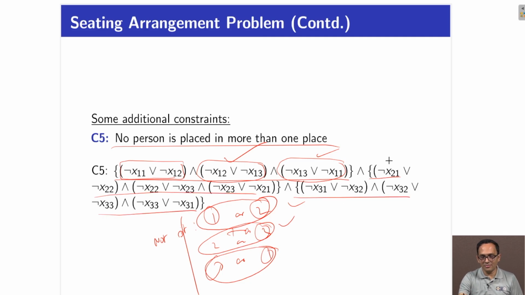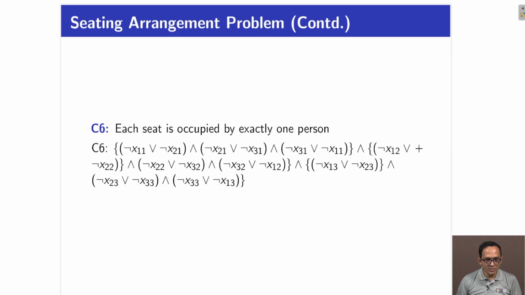The second part is saying that Sukanta is not sitting in more than one place. The third part is saying Faran is not sitting in more than one place. Similarly, you have to add the constraint that each seat is occupied by exactly one person, right? Everybody is sitting in one place. It may happen that person 1 is sitting in seat number 1, person 2 is also sitting in seat number 1, person 3 is also sitting in seat number 1, right?